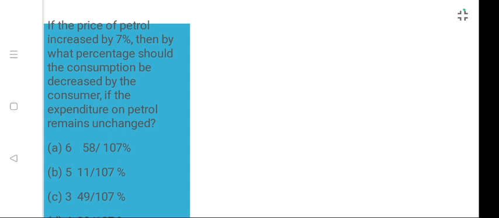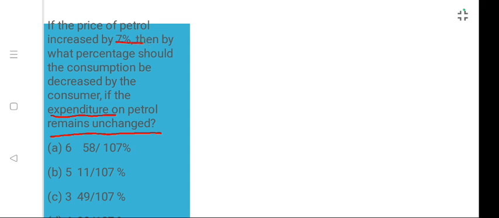Another condition is also told: expenditure should remain unchanged. If the price of the article is increased, the consumption actually decreases.